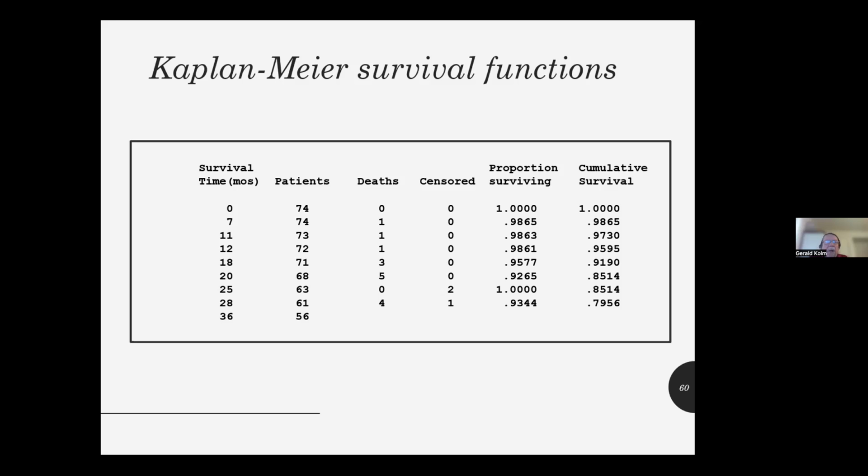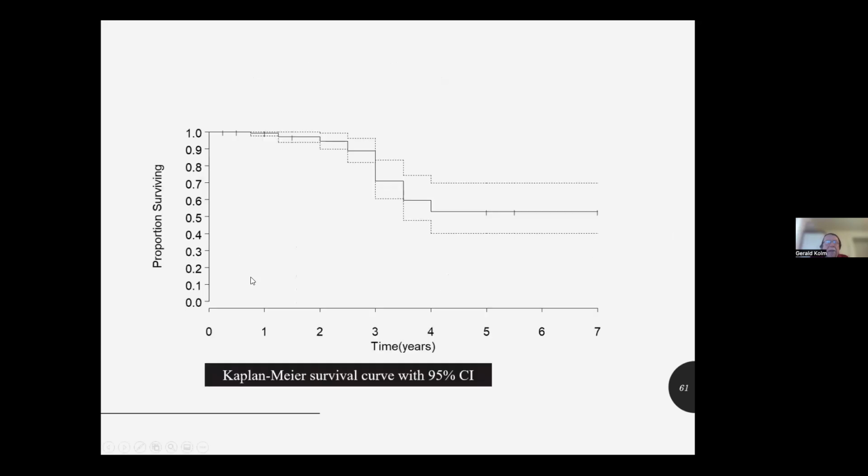What we want to plot then is our cumulative survival proportions by our survival time. We get a graph that looks like this, with confidence intervals around it. The horizontal or vertical dashes here represent patients that have either died or are censored.